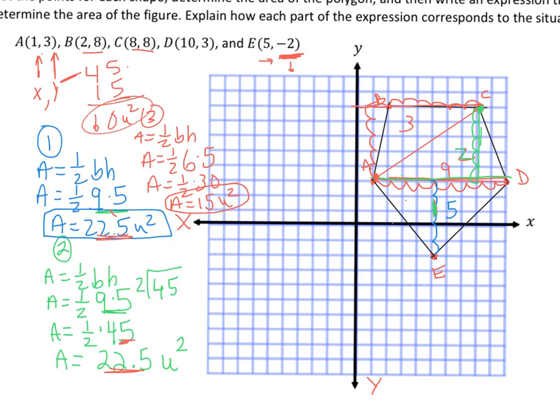So the expression that I'm going to do is I'm going to take anything that I bracketed in black here, and I know that I got to add all those up because that's what I did up here. I added triangle 1, 2, and 3 together to get this.